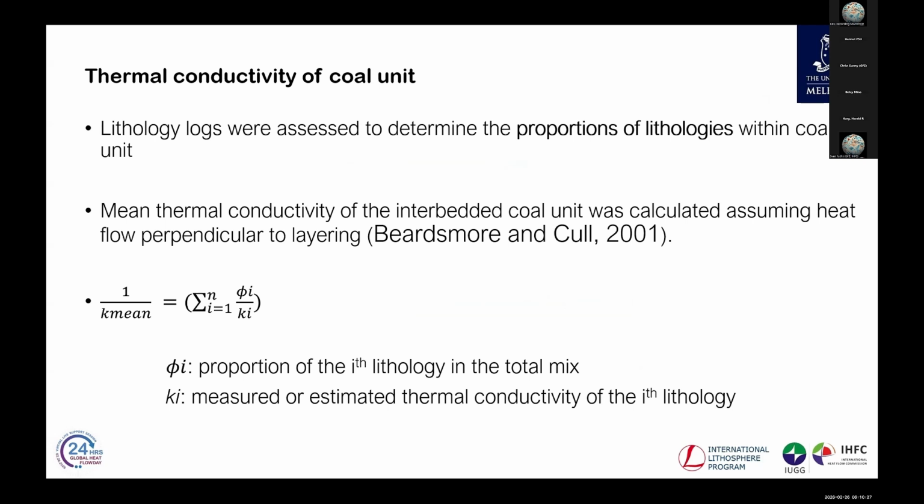And once we determine the proportions, we can calculate the harmonic mean thermal conductivity of the entire coal unit. By using this Bridgman-Moore protocol, we can calculate the inverse of the harmonic mean, which is the summation of the proportion of lithological units divided by the thermal conductivity of each lithological unit.